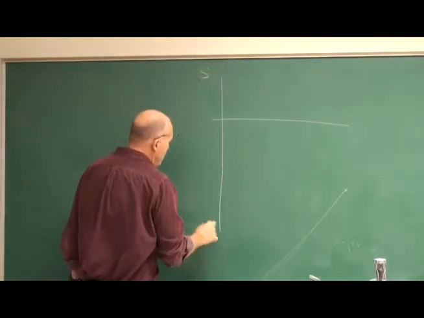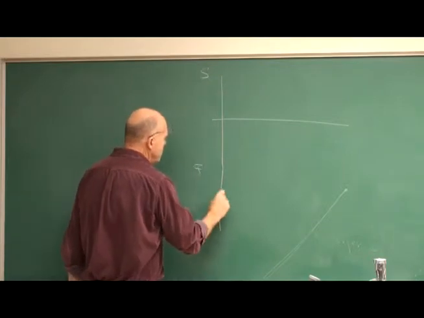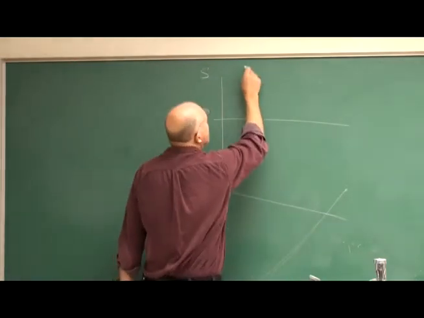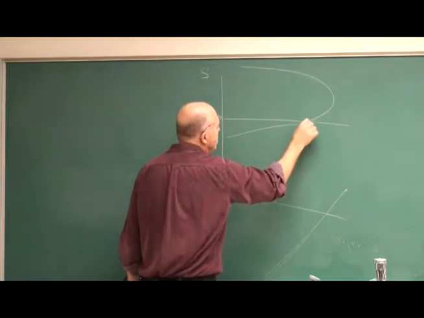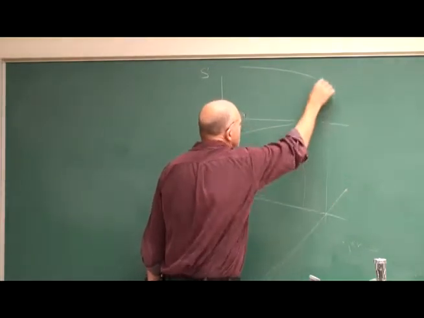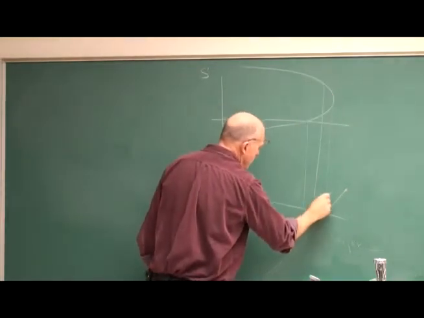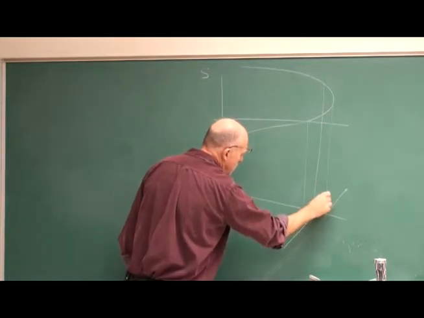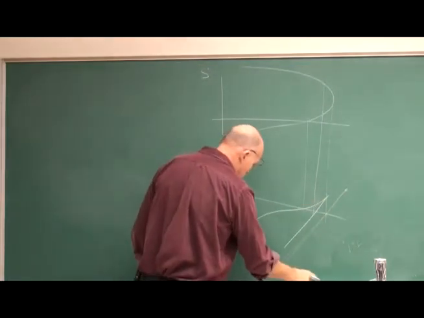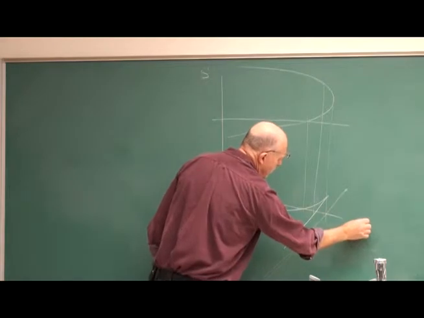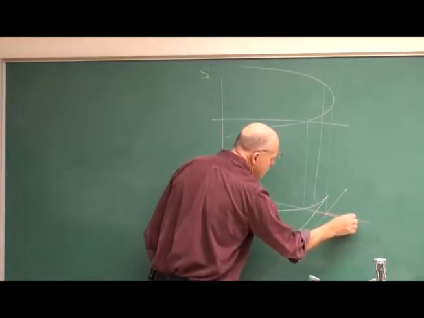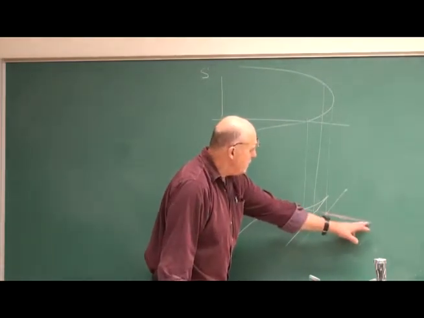You plot the order parameter and the free energy density, and we have this nice picture, something like this. The free energy looks like this. And so if you're at high temperature, the lowest free energy is this, right?